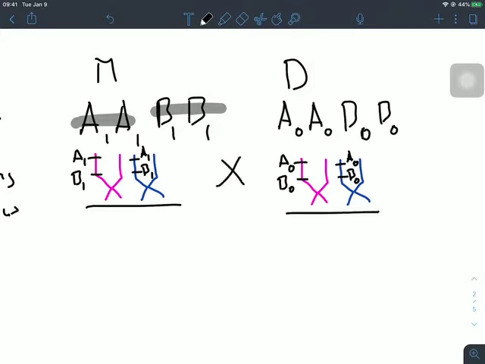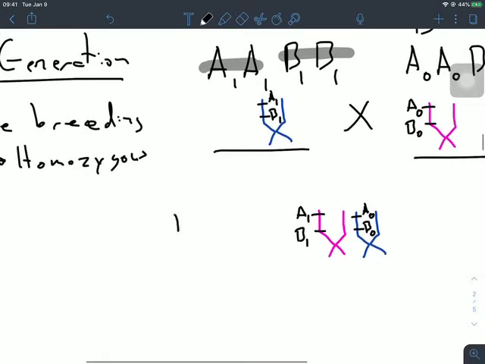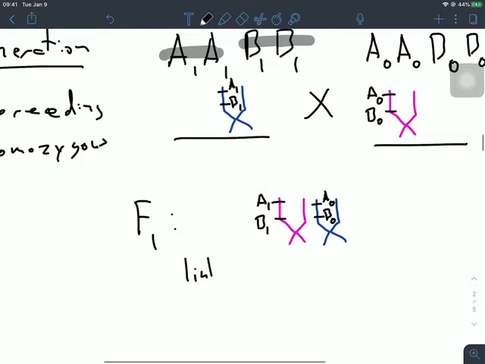Now, when these cross, you know that A1 will be linked to B1 and A0 will be linked to B0. In the filial 1 generation, we now have a linked hybrid.